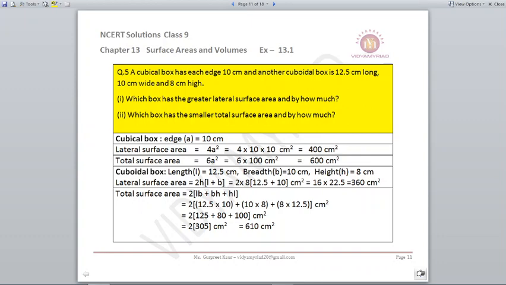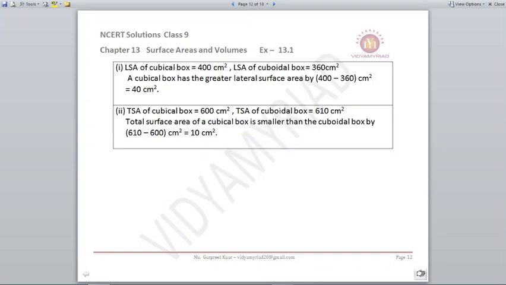Now they are asking, which box has the greater lateral surface area and by how much? And the second part is, which box has the smaller total surface area and by how much? So we can write it in the form of a statement. First is about LSA they are talking about. LSA of cubical box is 400 centimeters square and LSA of cuboidal box is 360 centimeters square.